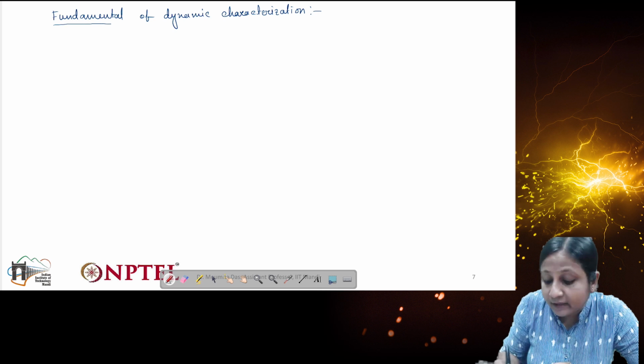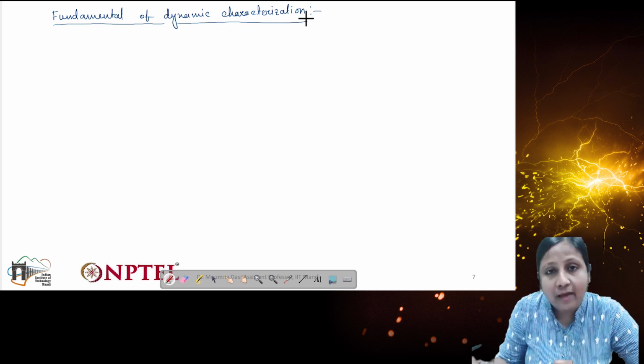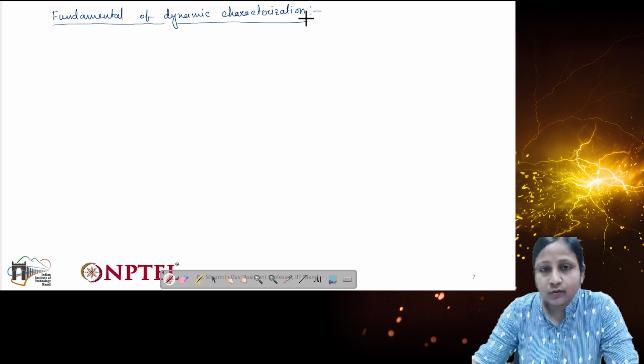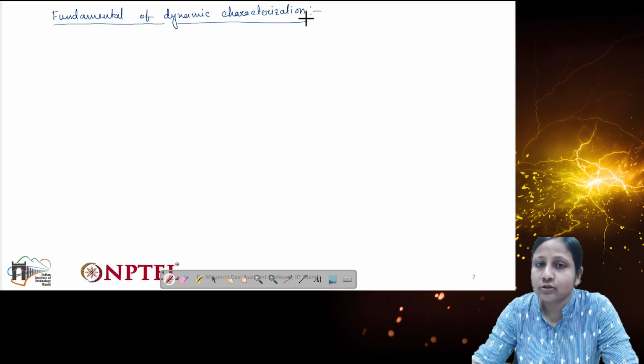So what we need in order to have these fundamentals of dynamic characterization, as I have explained in the previous slides, is two different pulses. In one pulse, one of the switches, either upper or lower switch, is on, and in another pulse, the complementary switch is on. So we need a setup where we can provide two different pulses to get the complete switching commutation.